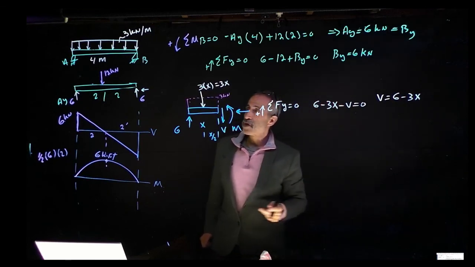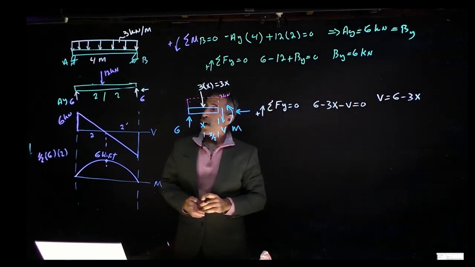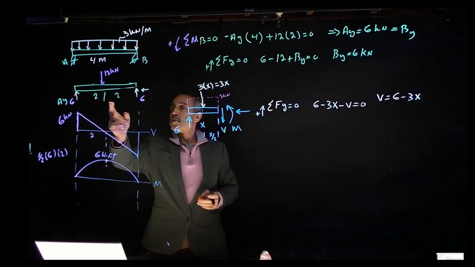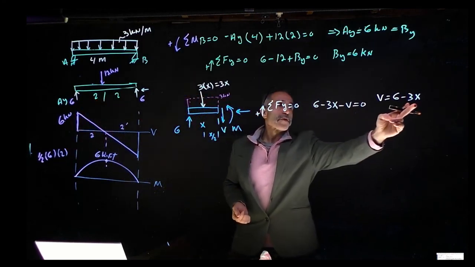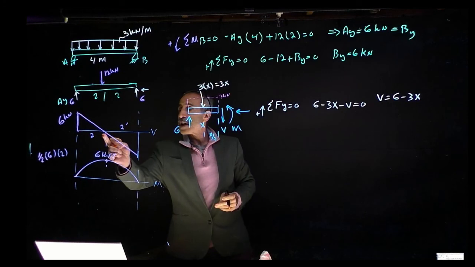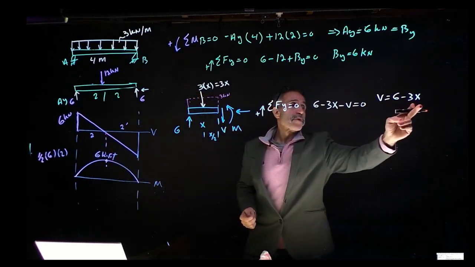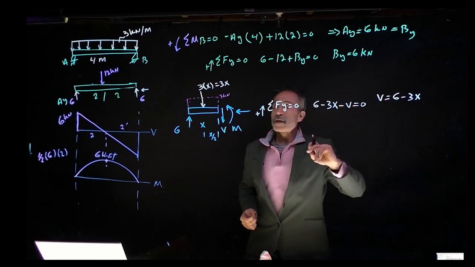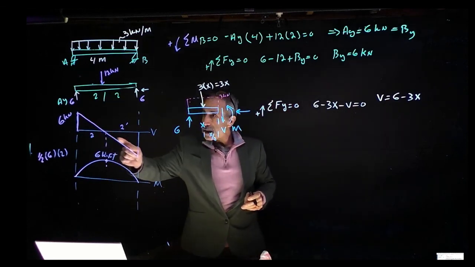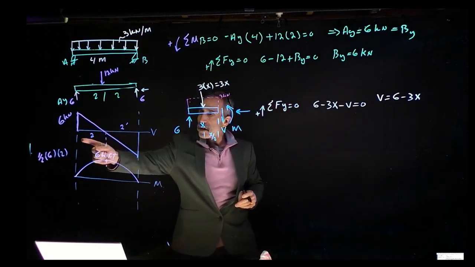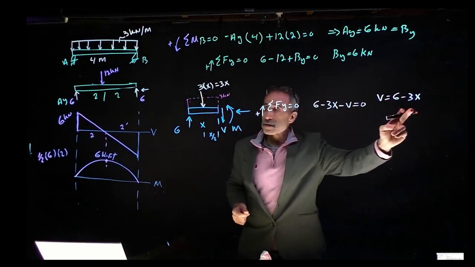So that's the equation. If you ask me what the shear is at 2.5, all I have to do is plug in 2.5. What is the shear at 2? It should be 0, since 3 times 2 is 6, and that becomes 0. That's the equation for this line, so I can tell you anywhere along the beam what my shear is.